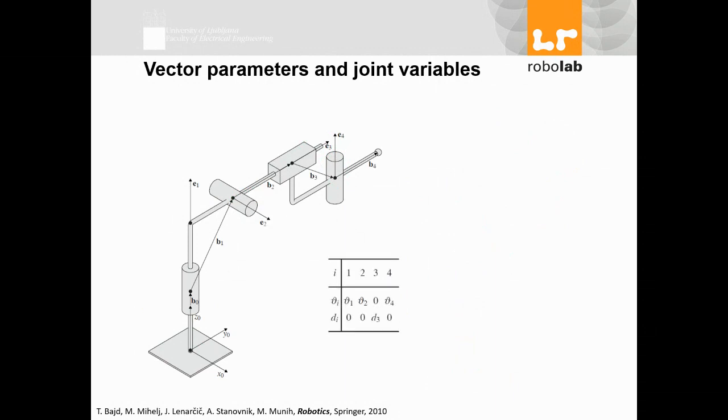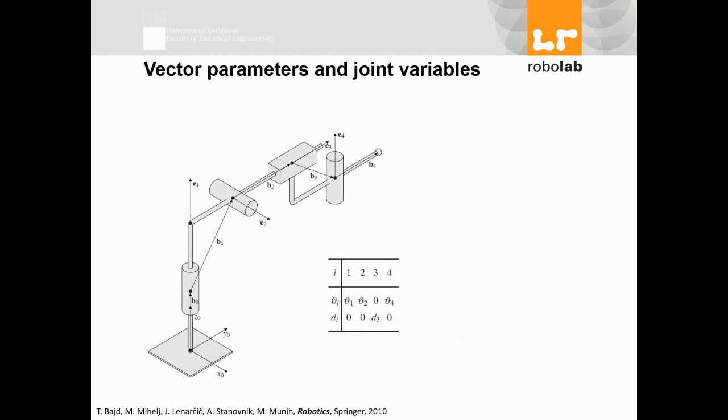Let's write down those E's and other parameters for this. The way we do it is first we figure out what kind of movements we have for each joint.